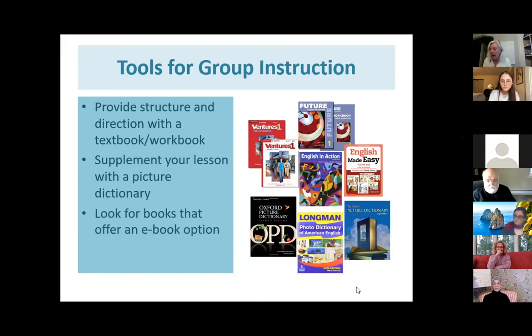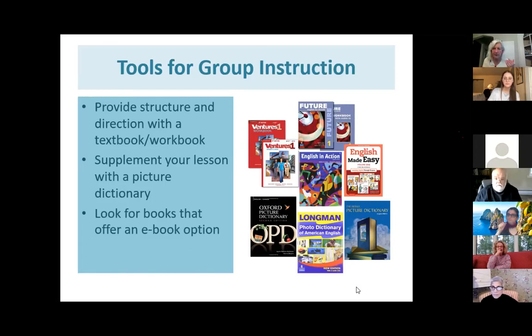Okay. One of the things that became apparent when we transitioned to small group instruction is how much it helps tutors to have a book, right? Because books provide structure in terms of the content to present and the order in which to present it. Some of you may be using books. Actually, some of you did tell me you're using books.